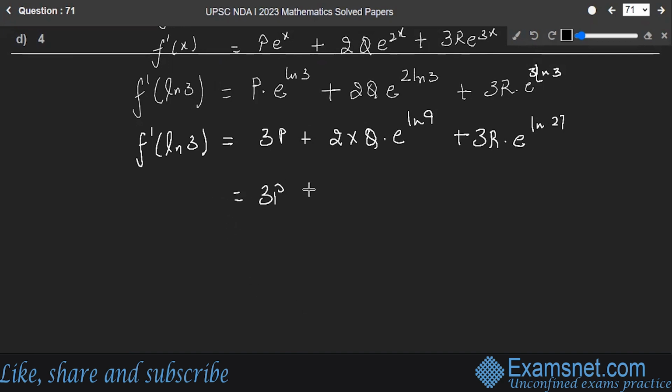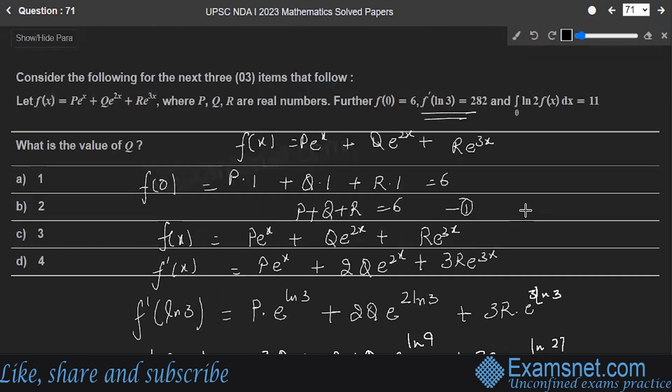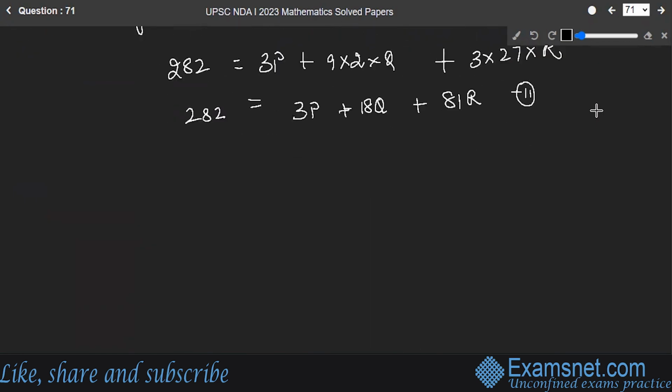This is equal to 3p plus 9 into 2 into q plus 3 into 27 into r. So this is equal to 282. 3p plus 18q plus 81r. Right? Let's name it as 2. Now the third one. This, let's write it.